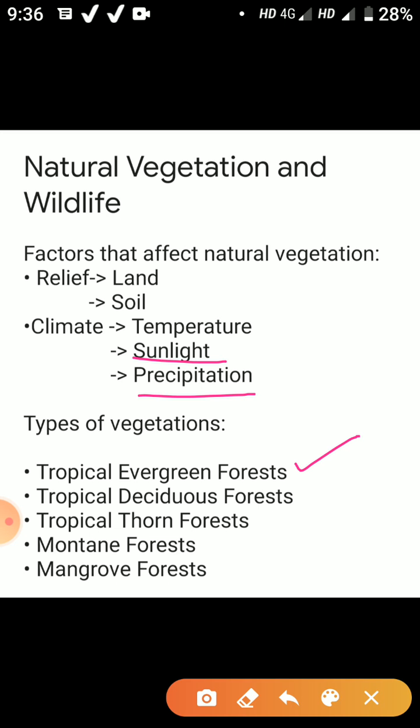I repeat, there is no particular leaf shedding period for these trees. इन ये पेड़ों का कोई पतझड़ का मौसम नहीं होता. Got it? So let us see in which regions we find these types of trees with the help of the map.